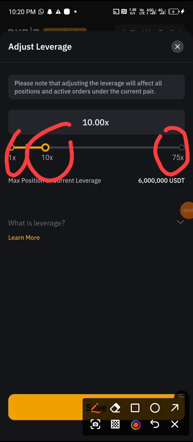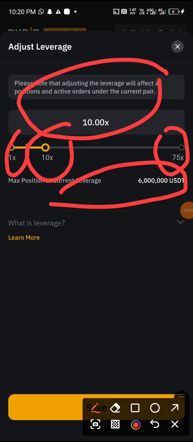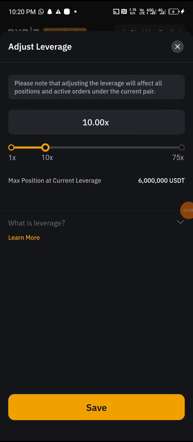And the maximum position for the leverage is here, 6 million USD on this trade. Please note that adjusting the leverage will affect all positions and active orders under the current pair. You should note this as well.